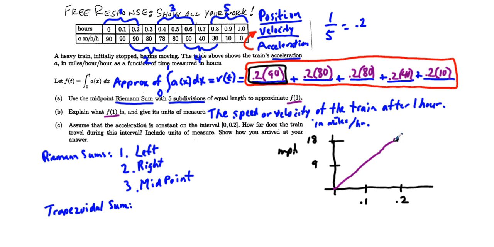So we have our average velocity, which is 9 miles per hour, times the total time.